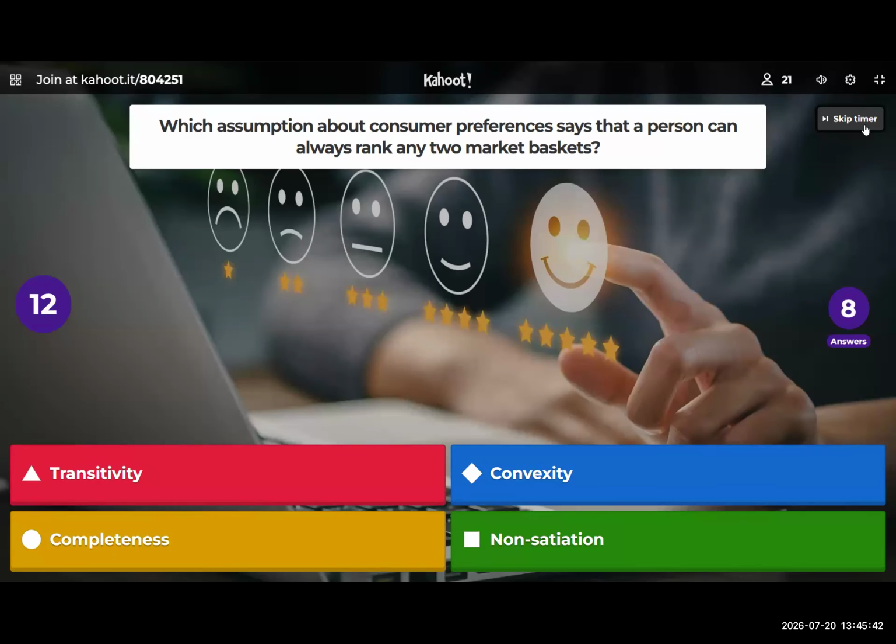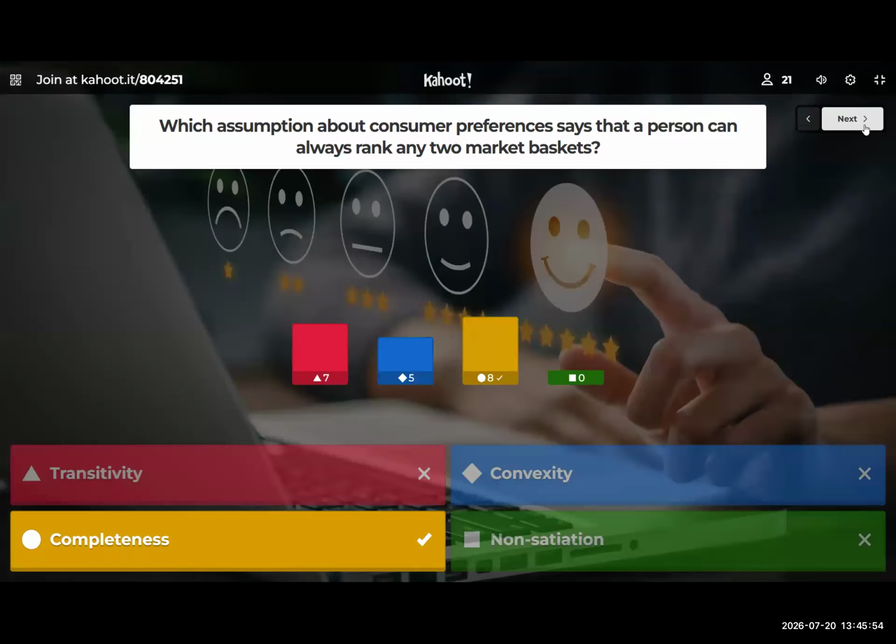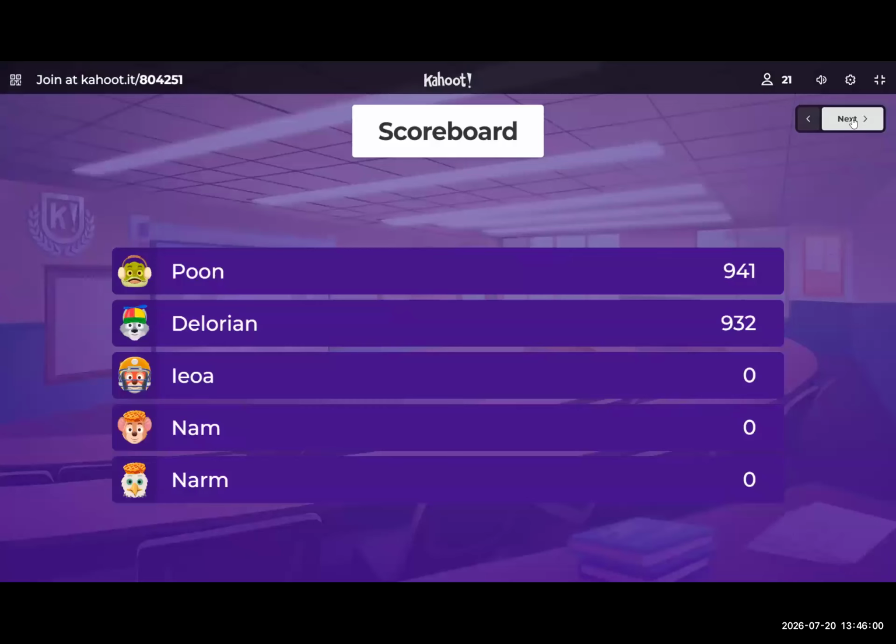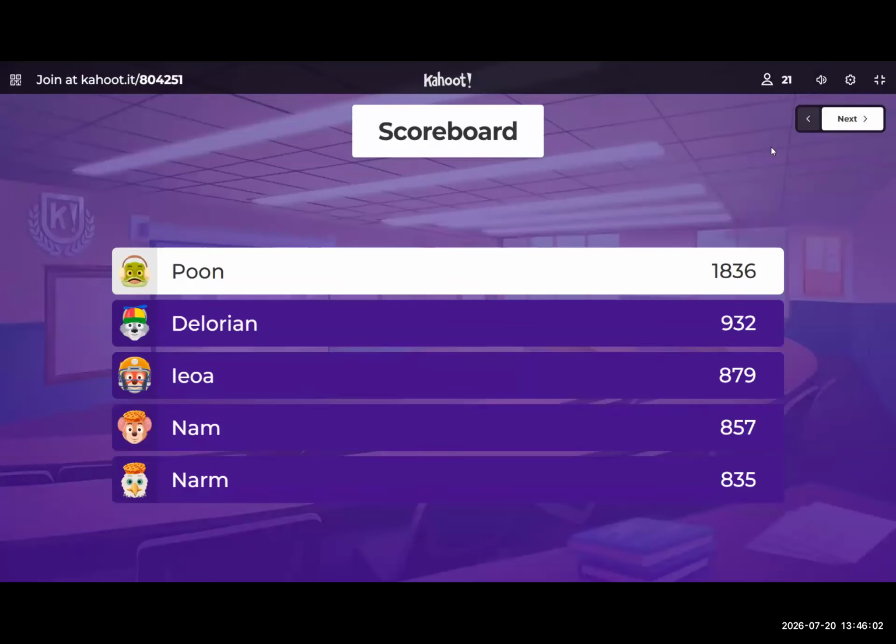Which assumption? A person can always rank any 2 baskets: prefer A to B, prefer B to A, or indifference. Completeness.